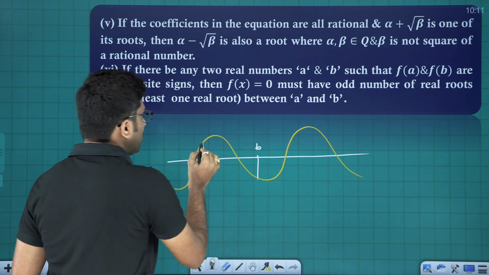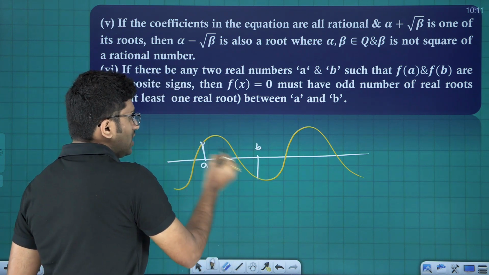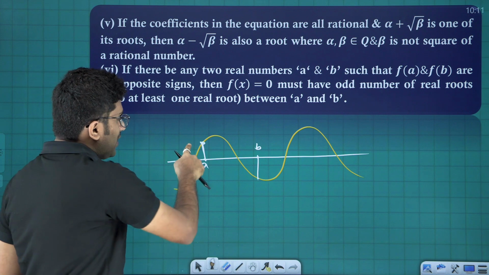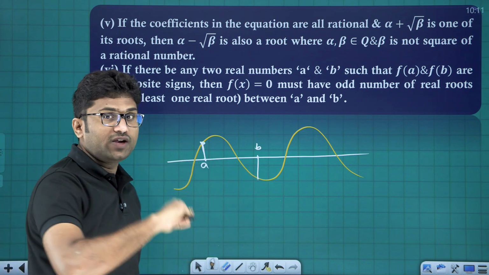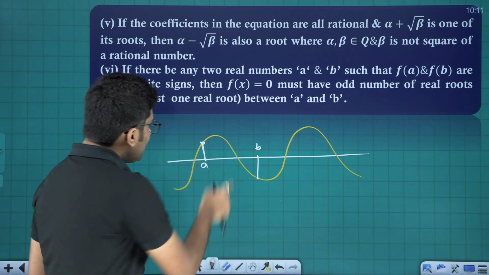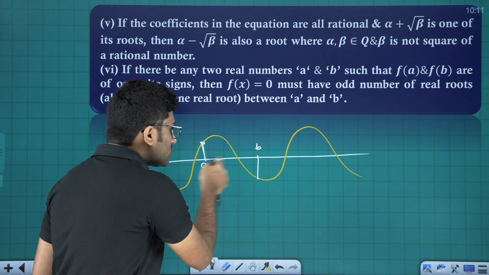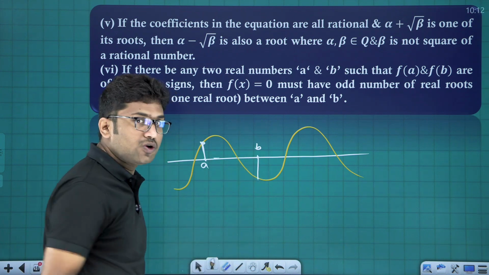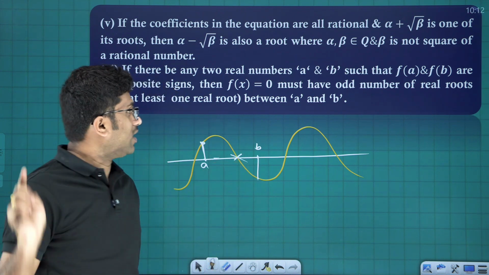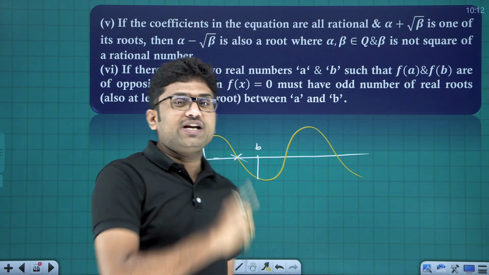Friends, what is f of a? Positive, and f of b negative. So f of a and f of b have opposite signs. Then for sure, how many roots do we have in between them? One exact solution, one real root.